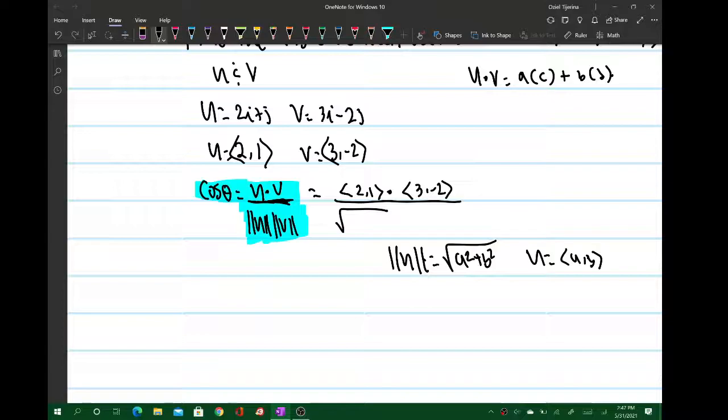The vector u is (2, 1), so we're going to do the square root of 2 squared plus 1 squared, and then times the magnitude of v, so the square root of 3 squared plus negative 2 squared, right?